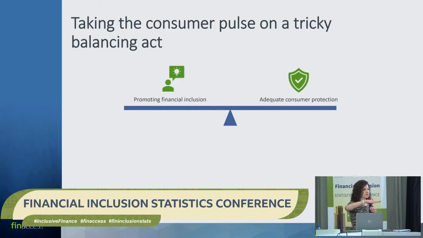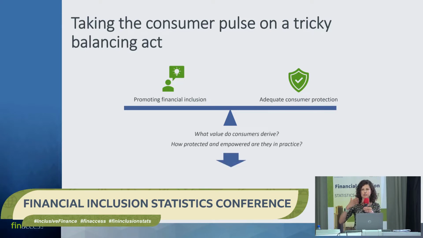So it's always about finding this fine balance. If you have to strike that balancing act, it's useful not only to look at measures of financial inclusion, as we saw now, that track how many people are excluded, or what are the features of the excluded. You also want to know a little bit beyond just whether they are excluded, whether they're included, whether they use financial services.